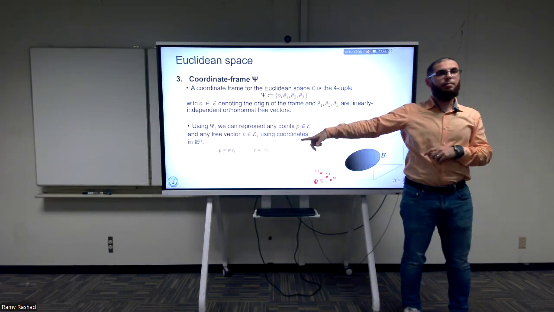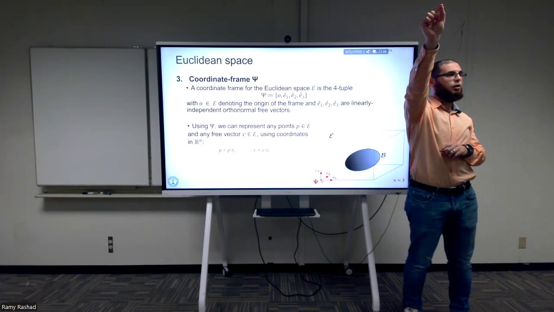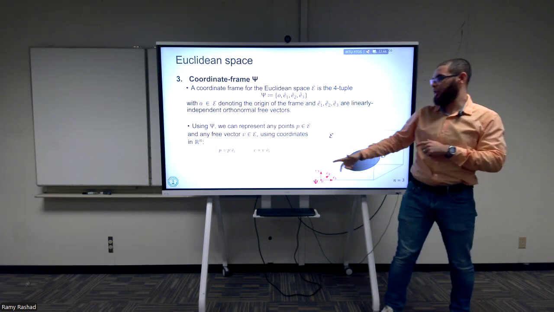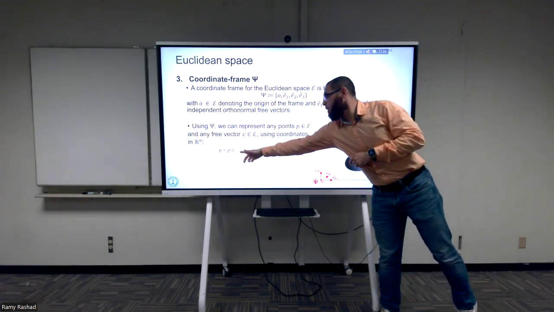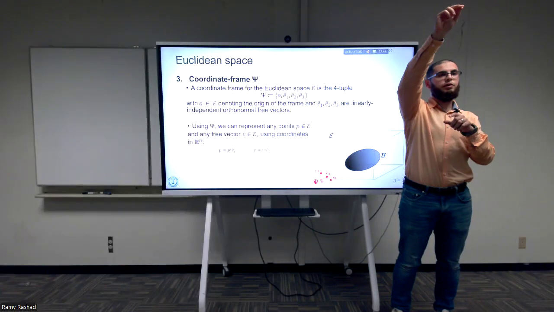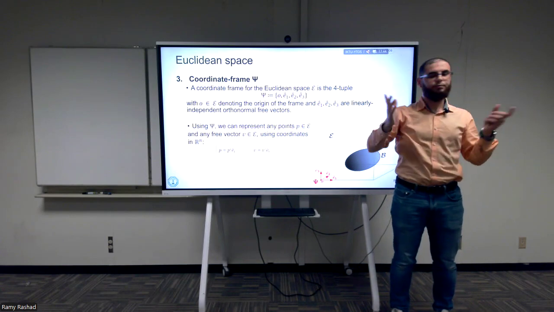If I give you the frame and I ask you now, can you represent a point in the Euclidean space? You can tell me yes. I can give you 3 numbers, in general, in 3D, of course. Three numbers, P1, P2, P3, which are like the projection of this point in this direction, the projection in that direction, and projection in this direction.